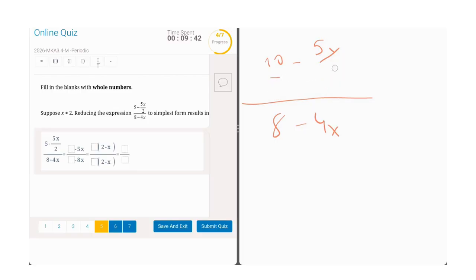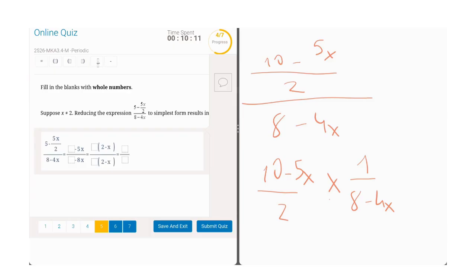So we can just rewrite this as 10 minus 5x over 2, all over 8 minus 4x. We can rewrite this as 10 minus 5x over 2 divided by 8 minus 4x over 1. Going to keep change flip. Then we will get multiplied by 1 over 8 minus 4x.